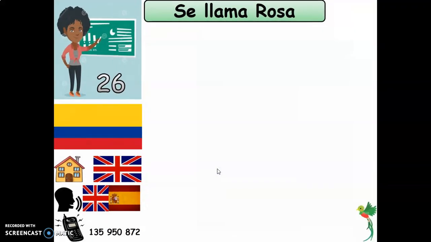Some stuff to review. So whenever we do our practice thing together, we're pretty much gonna be doing stuff like this. I'll have a person with a job, and we have how old he or she is, where they're from, where they live, what languages they speak, and their phone number. And pretty much that's just gonna practice pretty much everything.